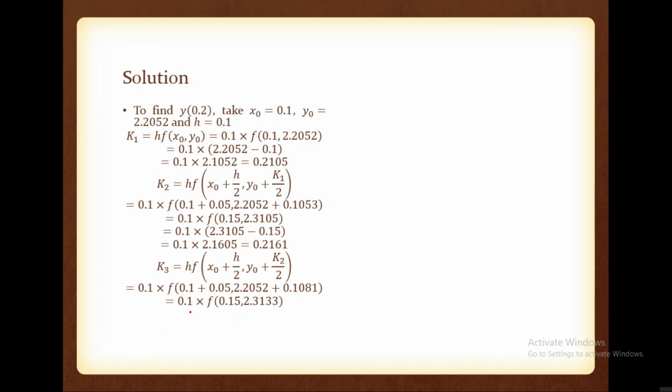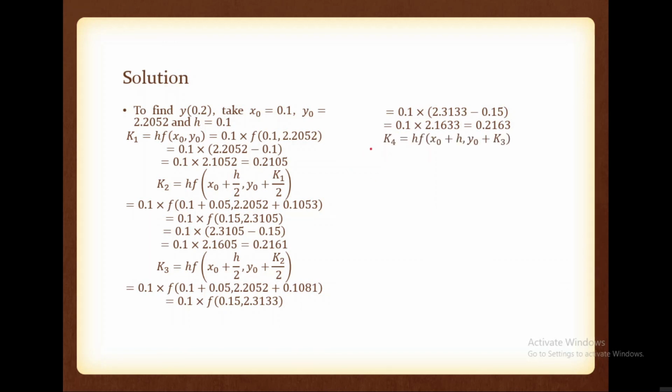So we have 0.1 into f of 0.15 comma 2.3133, that is 2.2052 plus 0.1081. So that is equal to 0.1 into 2.3133 minus 0.15, that is 0.1 into 2.1633 equal to 0.2163. Okay, so this is k3.